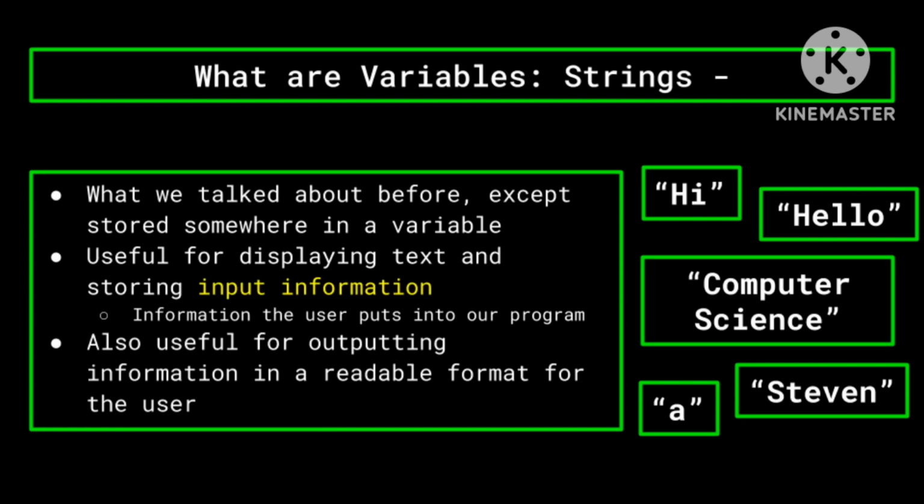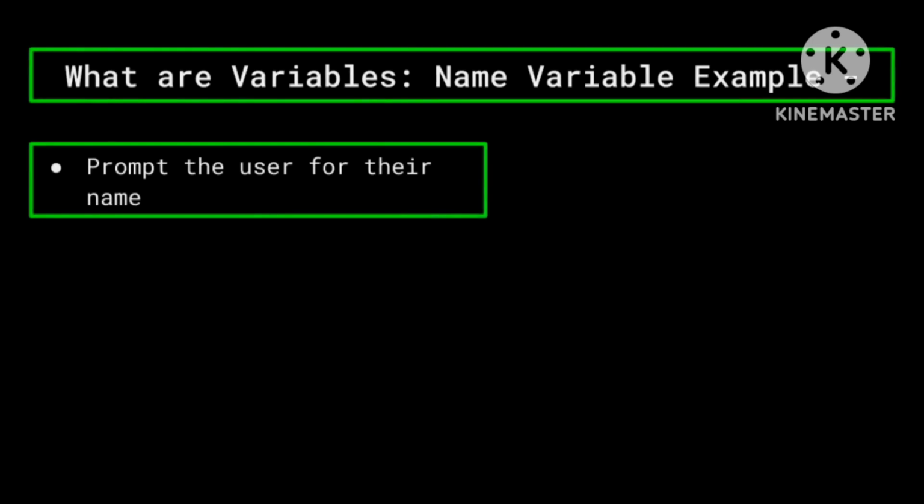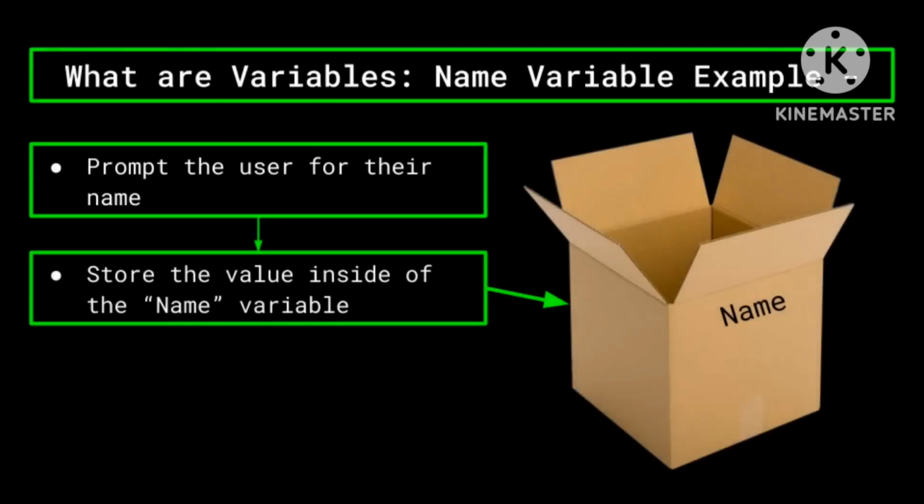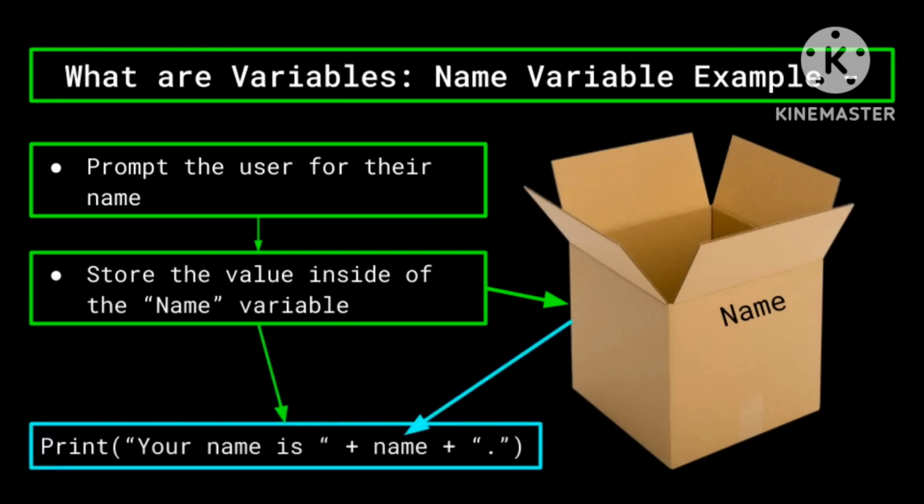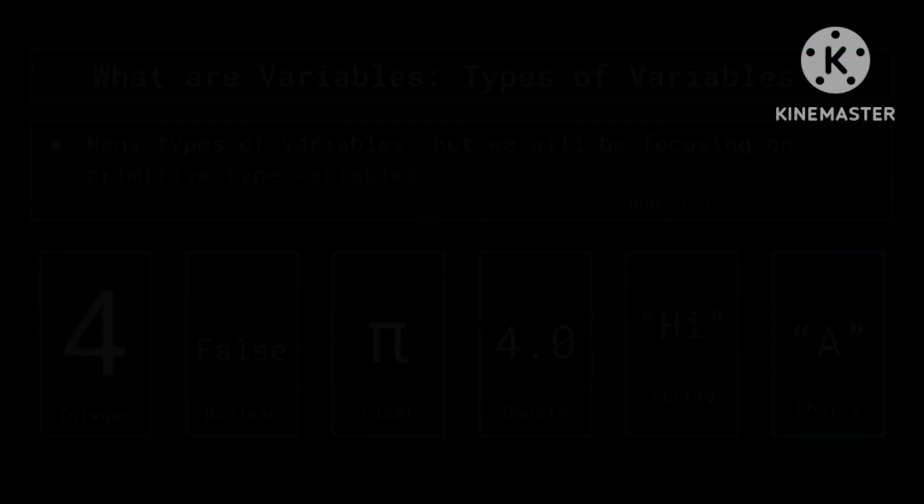For example, imagine we have a string called name. The code asks for input and stores that string of text in name. To output this information to the user, rather than simply displaying their name, you can add the phrase "your name is", and make it into a sentence by concatenating "your name is" plus name plus a period. This makes it easier to read your code, while also adding variability to your code, which always makes things more interesting for the end user.